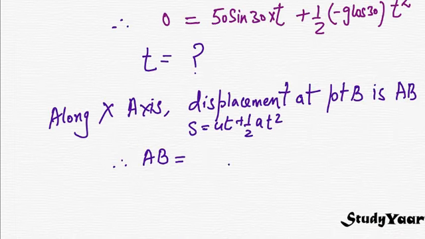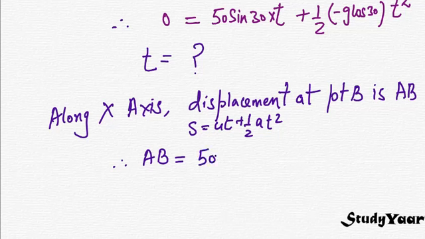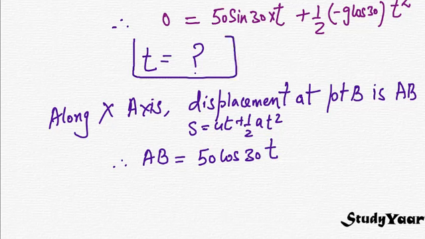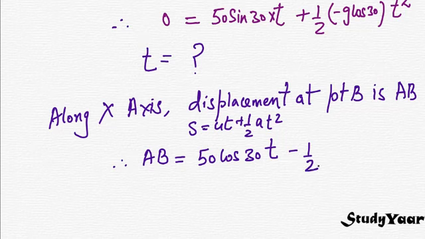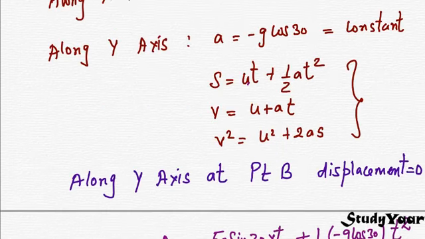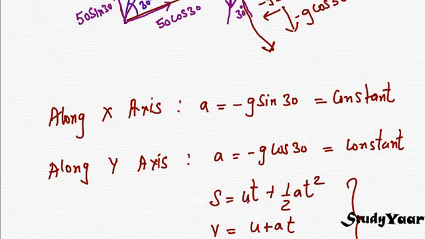So AB is equal to ut, where u is 50 cos 30, into t, which you have got from solving this equation, minus half. I've taken minus because my acceleration is negative along x-axis.